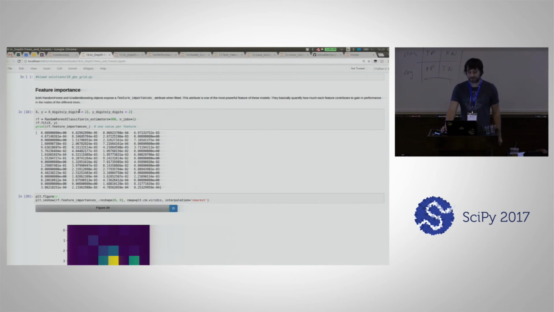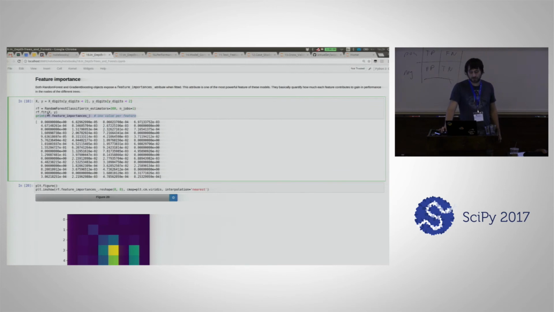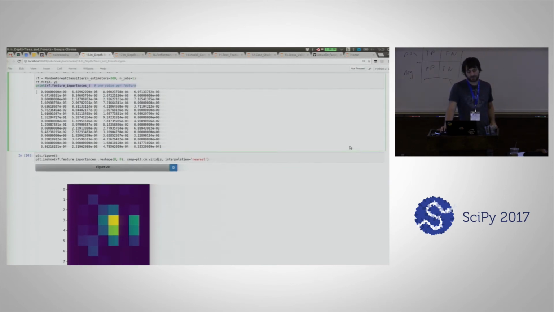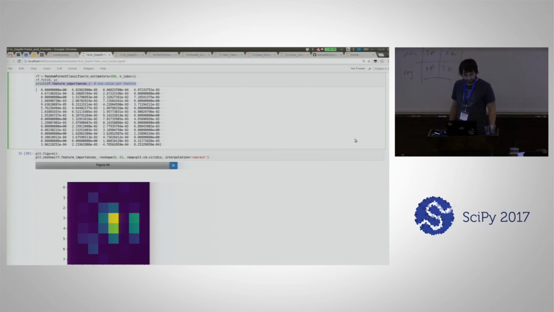What we're doing here is we're classifying digit 1 versus digit 0. Then we can get the feature importances, which say which of the pixels are important to make the decision 1 versus 0.